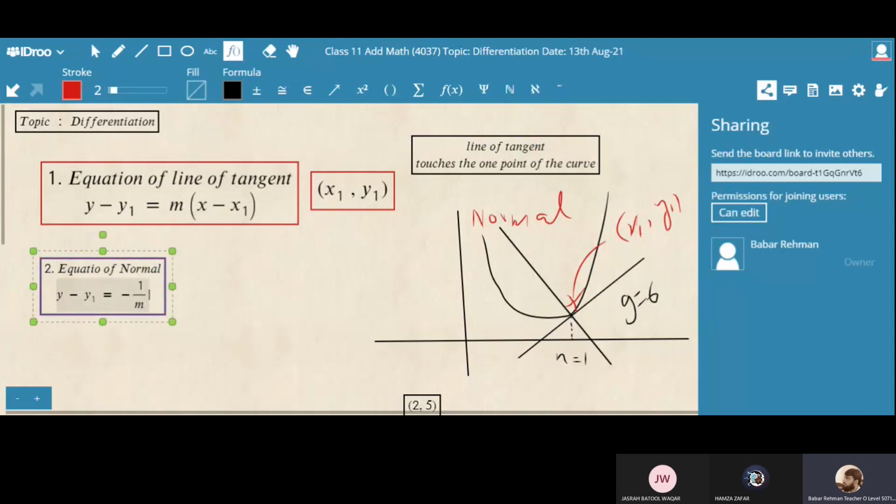Now it should be minus 1 upon m. So we will take the reciprocal and change the sign. For example, the gradient of the tangent is 2. So what will be the gradient of the equation of normal? Minus 1 upon 2. Good.